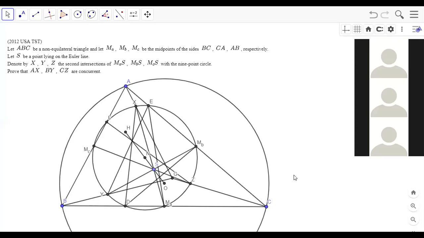I think in some last session we proved something similar, like when we take MAMB and it intersects ED.